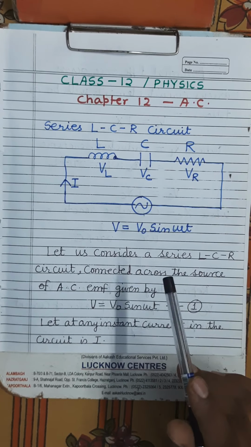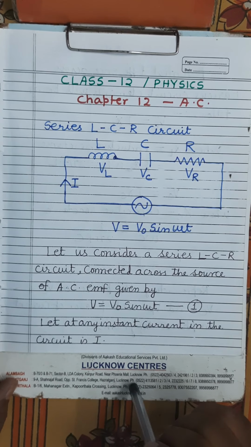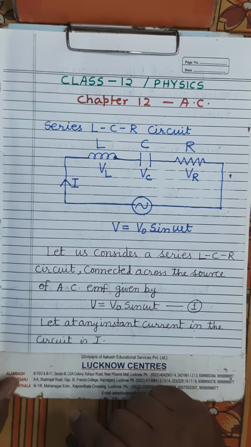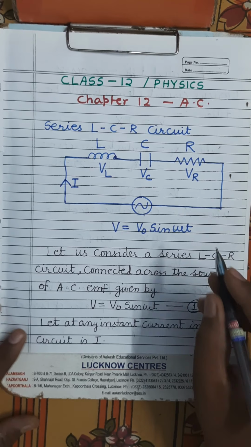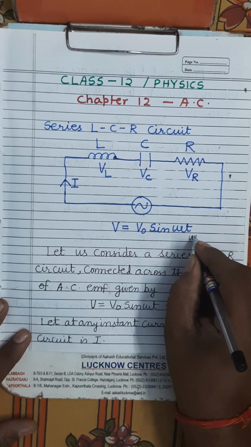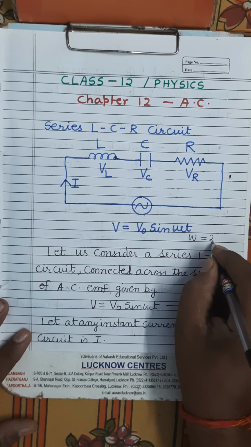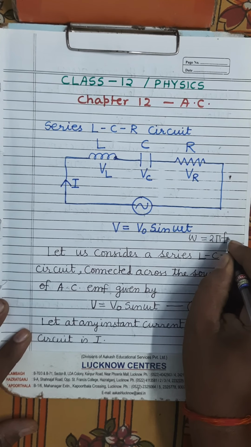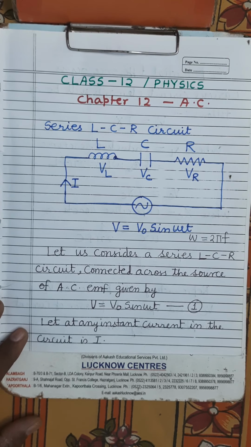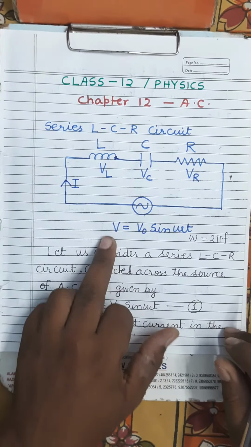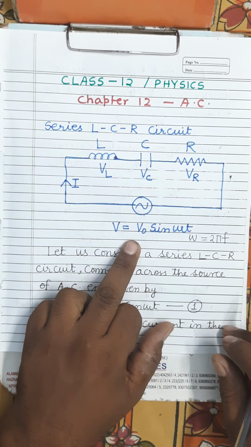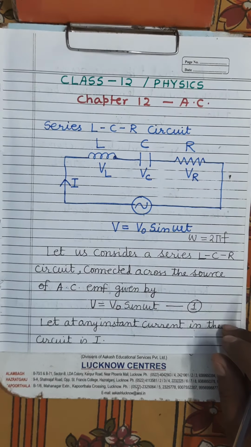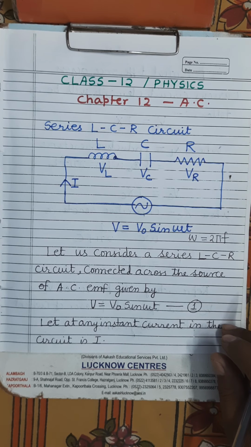These things you know. Omega is the angular frequency of the AC. Omega equals 2 pi f. That you know. In the previous lecture I have told everything. Since the voltage is AC, the current which will be produced will also be AC.